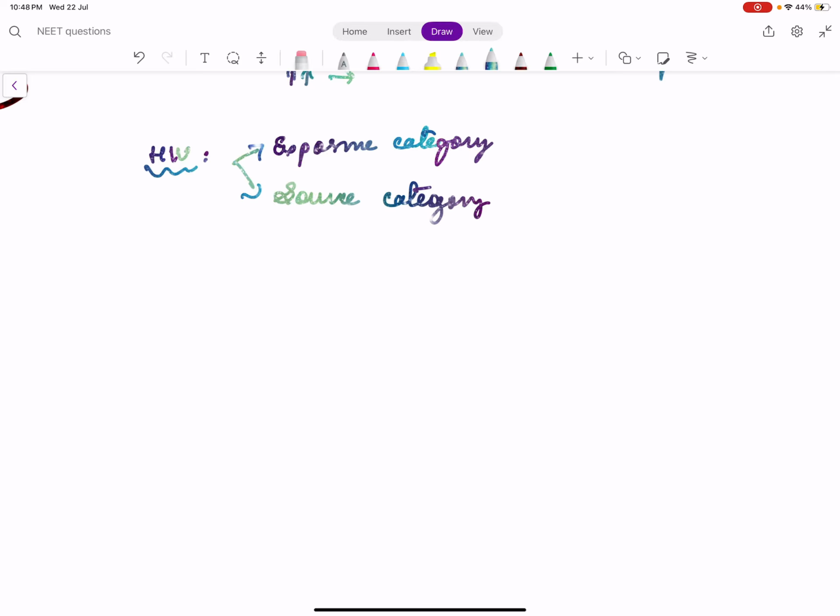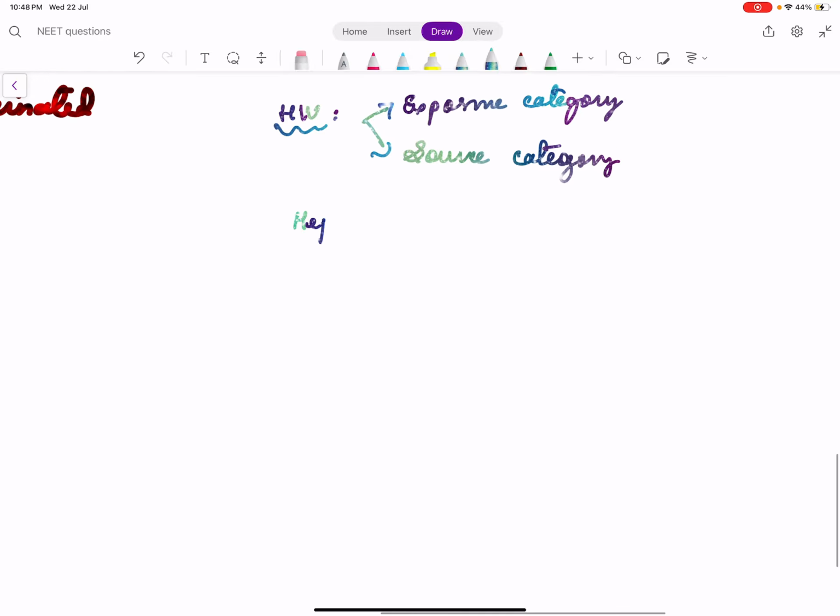Source category, whether the patient is known HIV positive or the source is unknown. Like we have to take prophylaxis only when the exposure is severe or deep or a mucocutaneous exposure and the source is a definite positive. Okay.